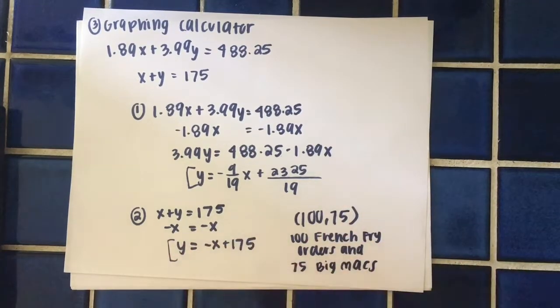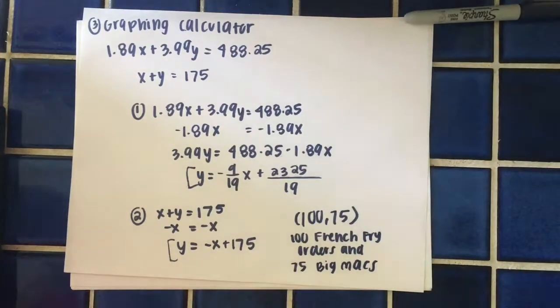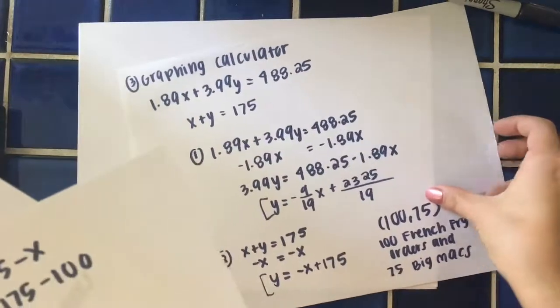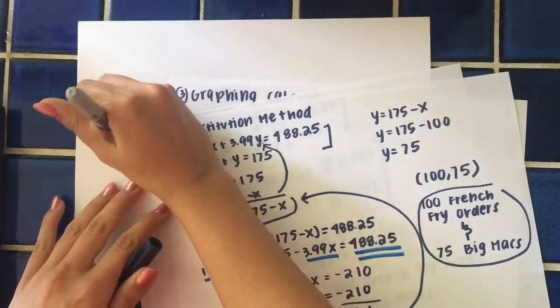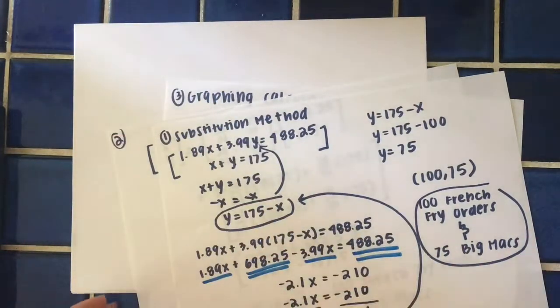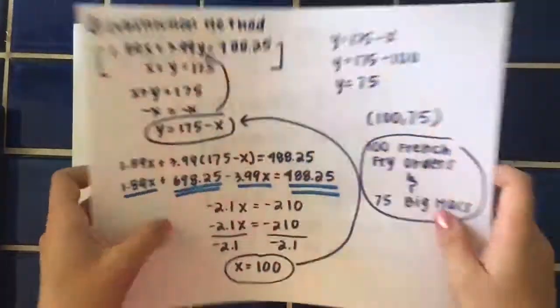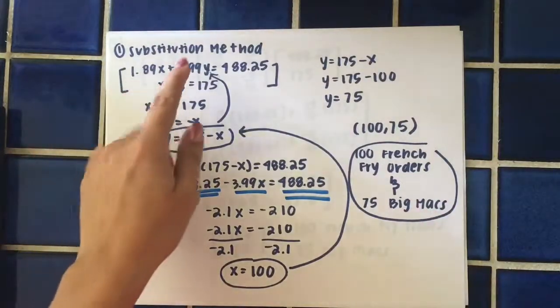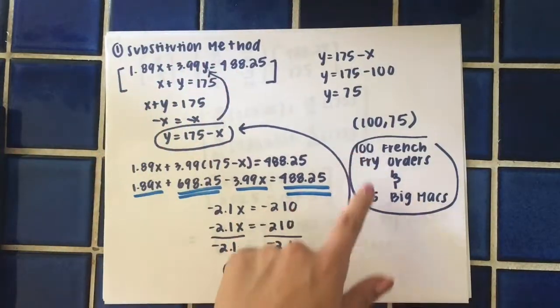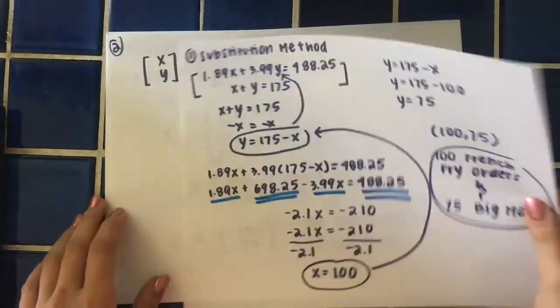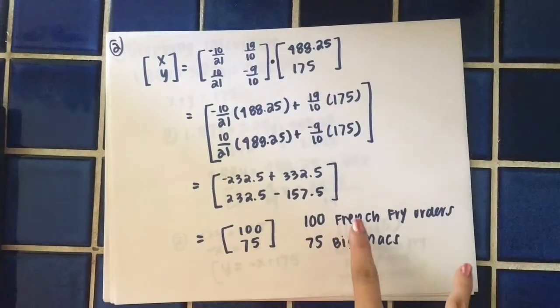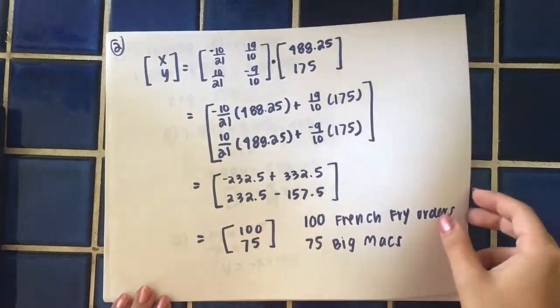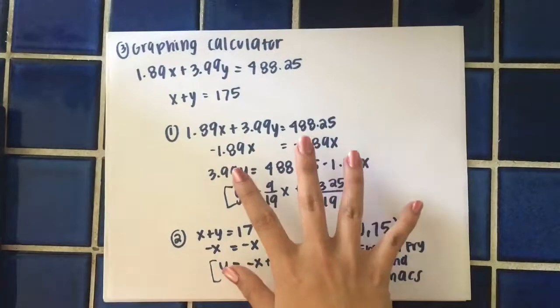So now if we compare all our answers, we got the same answers for all the three that we used. For the first method, we used substitution, and we found 175. And then using matrices, we also found the same thing. And then lastly, using graphing calculator.